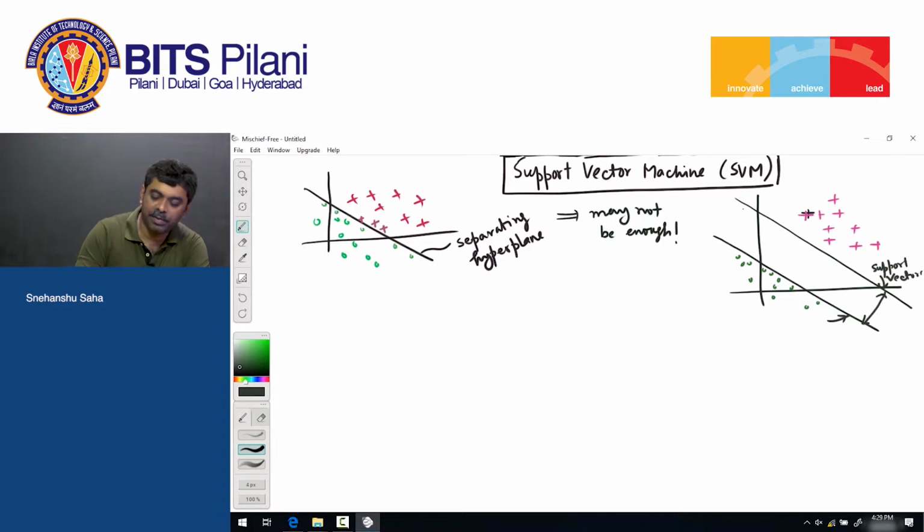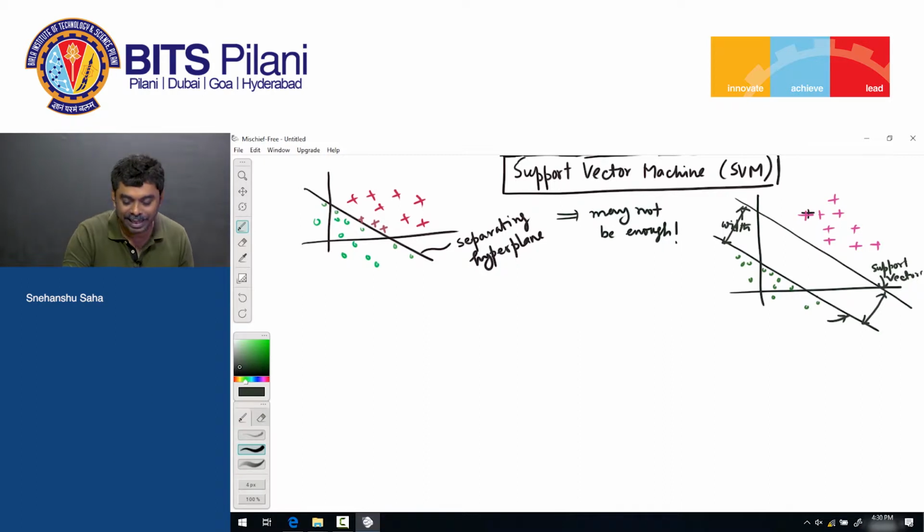One of the advantages is that the width of this separation gives you additional leeway. If I use just one separating hyperplane, the green points could become too close to it, or the red pluses could become too close to it, and we are never sure.